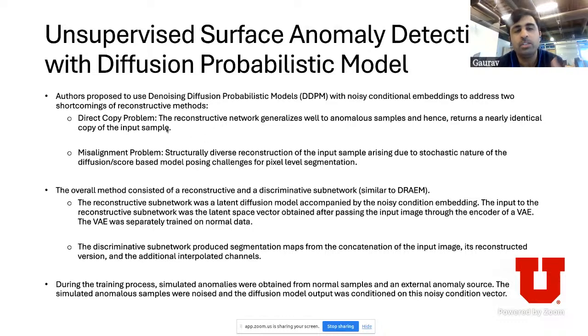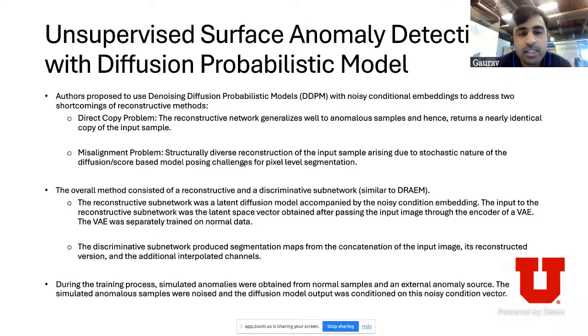This is also observed sometimes with other reconstructive methods which are focused on, let's say, diffusion, but the authors come up with a way to avoid this problem. The other is a misalignment problem, which involves structurally diverse reconstruction of the input sample arising due to the stochastic nature of diffusion or score-based models, posing challenges for pixel-level segmentation.